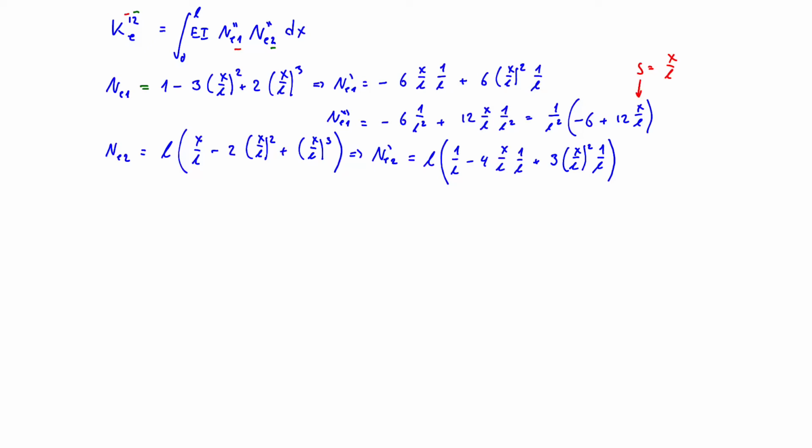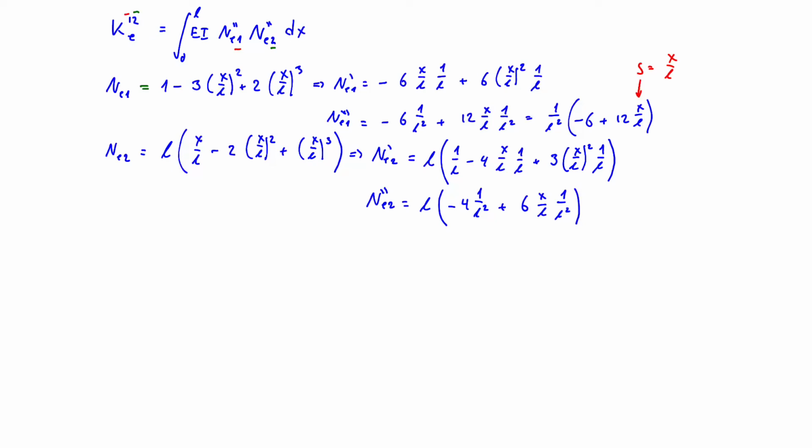Now we're almost there. Now we differentiate once more. Still have a common factor L. The first term will vanish because it's constant. The next term will give us minus 4, 1 divided by L squared. And the final term will give us 6 x divided by L, 1 divided by L squared.